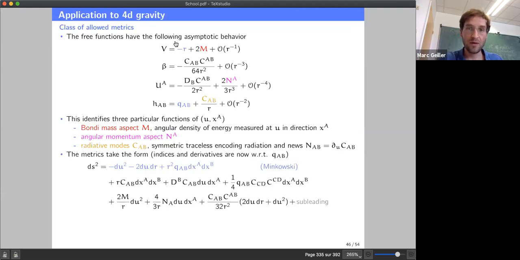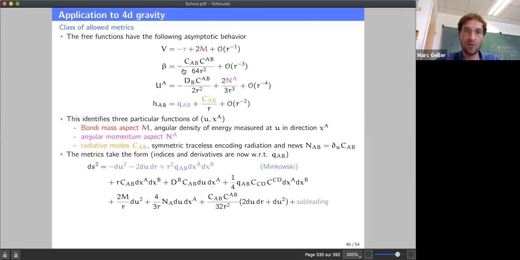Now we can take this asymptotic behavior of the fields V, beta, U, and H, and plug it into the ansatz for the Bondi metric, which we had on the previous slide. We can already read it off the fall-offs here. I just plug it explicitly into the metric to put it again in the form of a line element, and to show explicitly that this takes the form of the Minkowski metric, in blue.